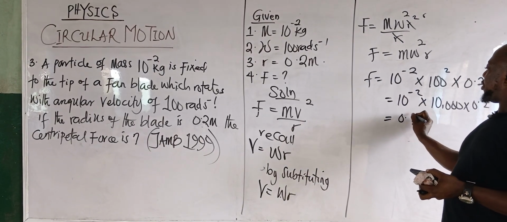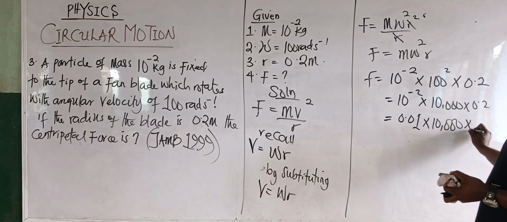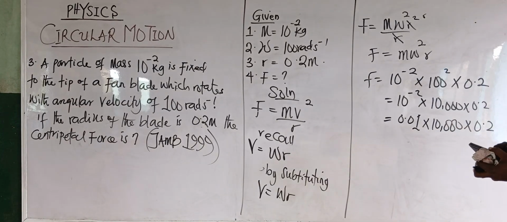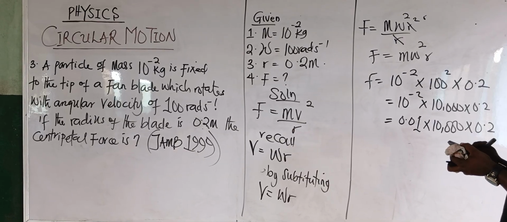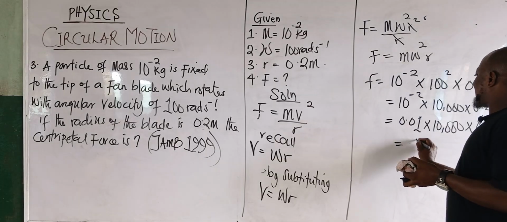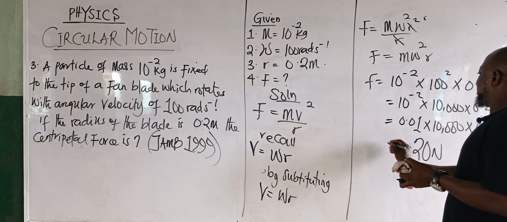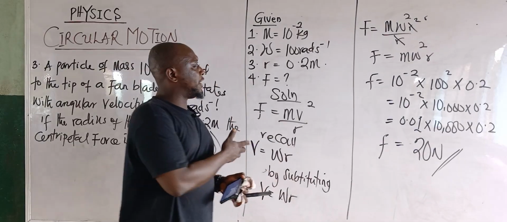This is 0.01, then times 10,000, then times 0.2. So that's what we are doing. If you do that, everything here becomes 20 Newton. So this is how this is solved going further.